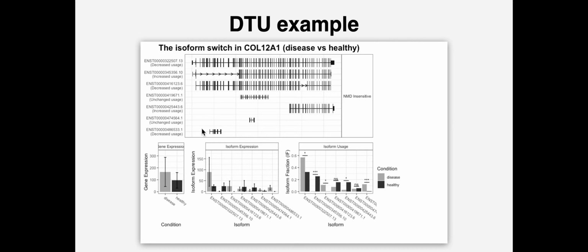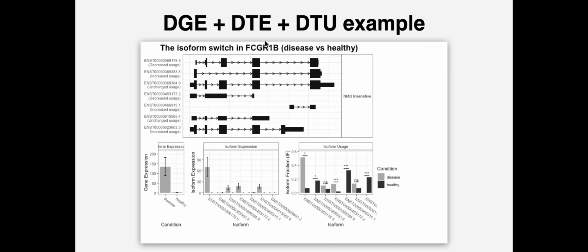And this last one down here as well seems to be differentially used in a disease state. So it's an example of a gene that's not a DGE, it's not a DTE, but it is a differential transcript usage example. We could take a look at other genes like that Fc gamma receptor one that I was trying to plot just a minute ago.